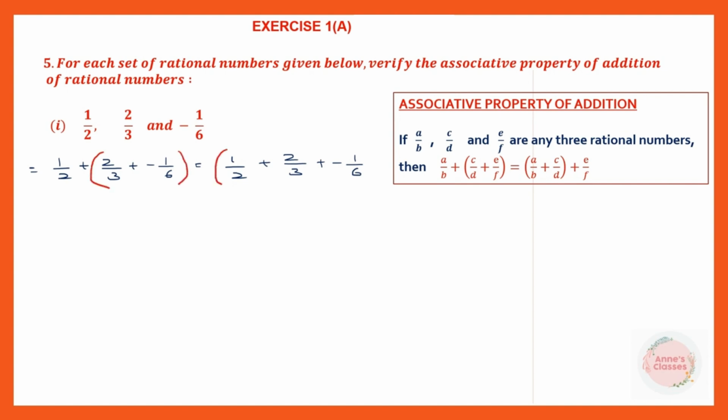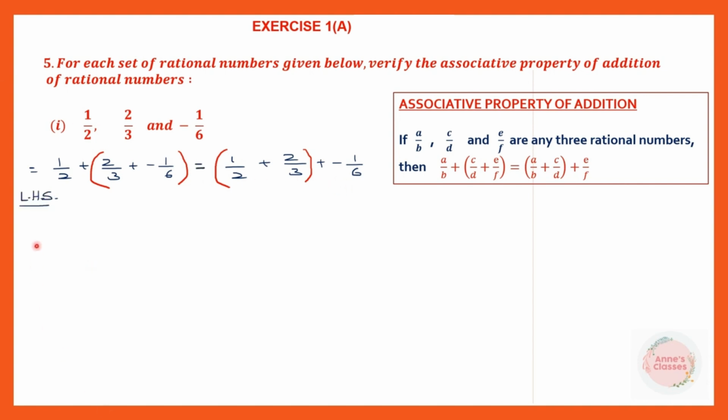Here we'll take the first and the second and make it a group. Now we're going to work this out and see if this is true. Associative property is verified if the answer that you get here is the same as the answer that you get here. So this is your left hand side and this is your right hand side. At the end, left hand side should be equal to the right hand side.